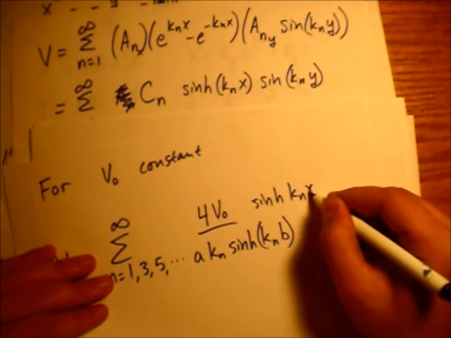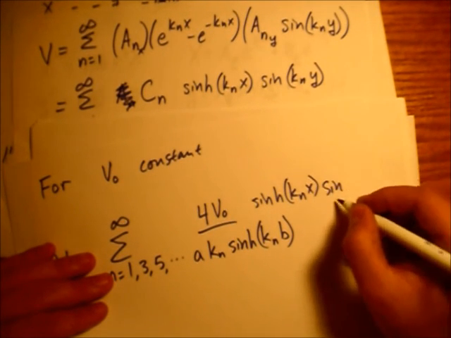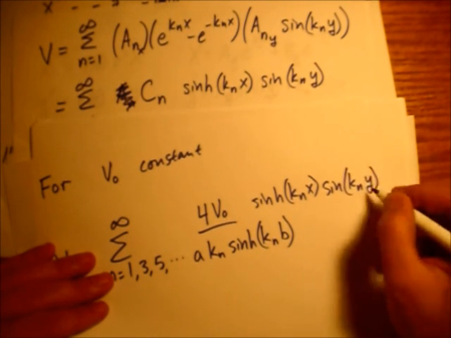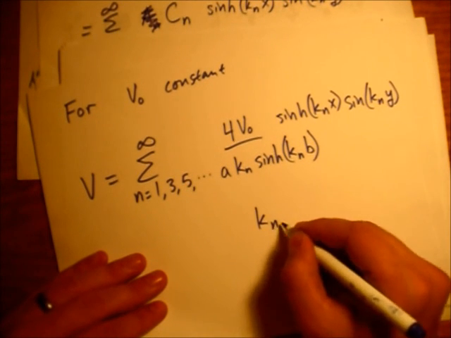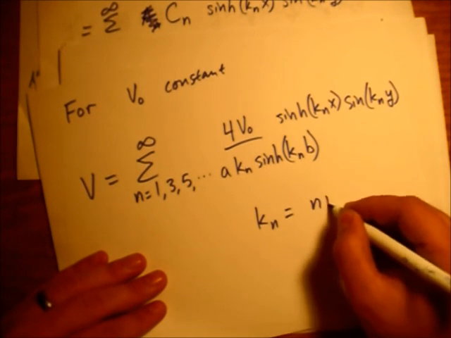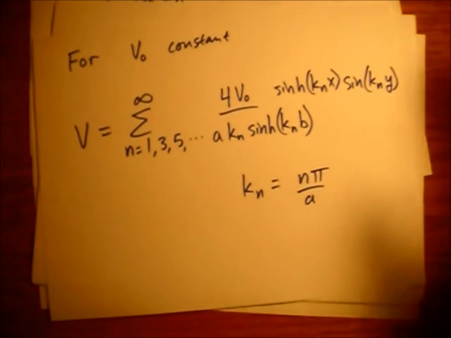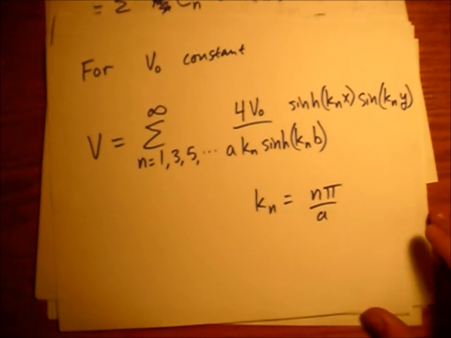K sub n x and a sine, normal sine, of k sub n y. And just a reminder, since I left these k sub n's in, k sub n is equal to n pi over a. This is our final solution for when v is equal to constant.